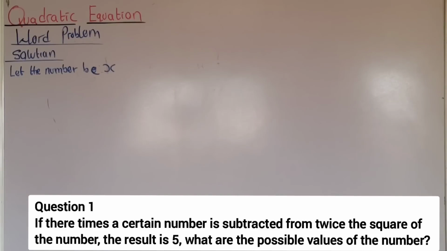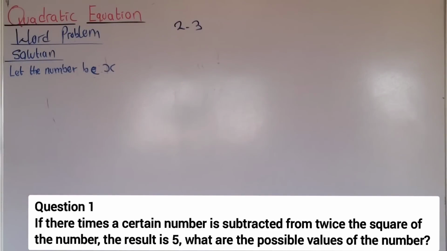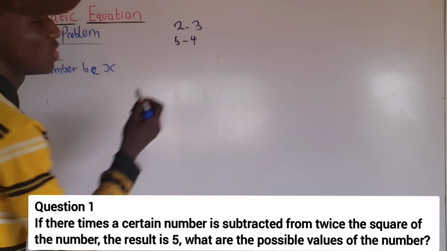Now, if I ask you to subtract 3 from 2, what would be the expression of that statement? Subtract 3 from 2. That means I'm going to have 2 minus 3. Now, if I ask you to subtract 4 from 5, that means I'm going to have 5 minus 4.